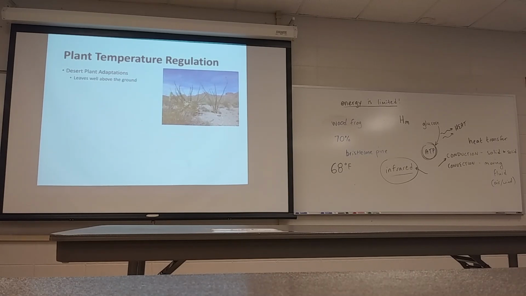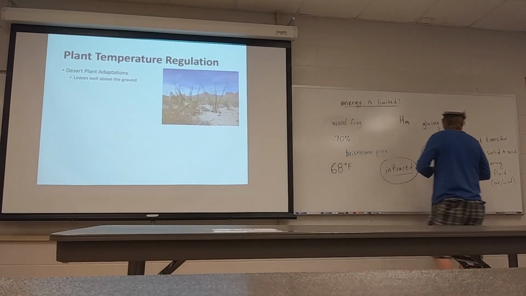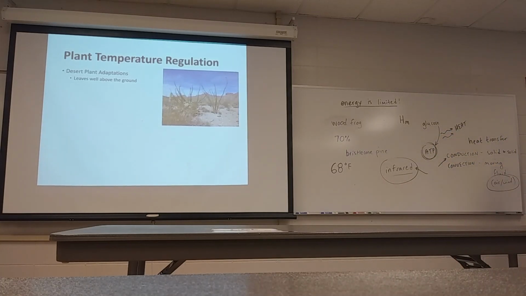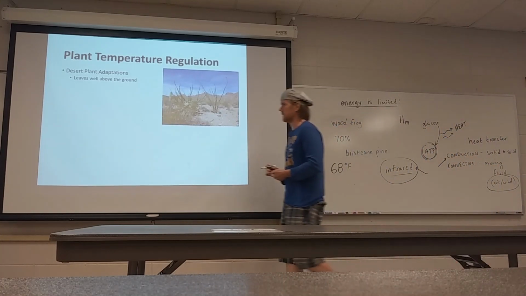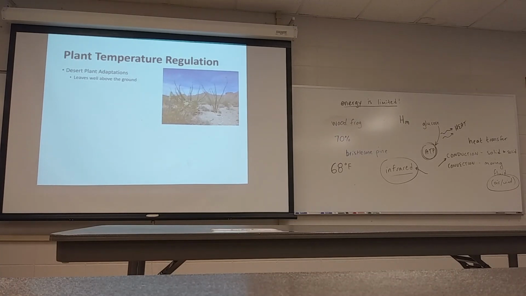Well, number one is have your leaves pretty high above the ground. What's the purpose in that? The higher up, the greater the amount of wind, convection cools the plant. And so having your leaves well above the ground maximizes heat loss through convection.